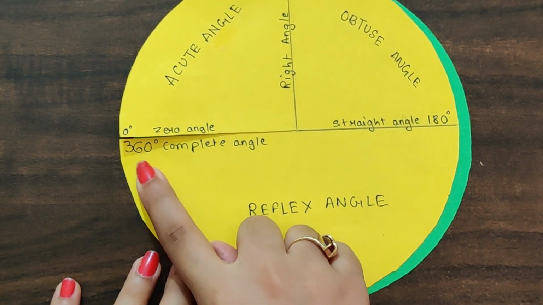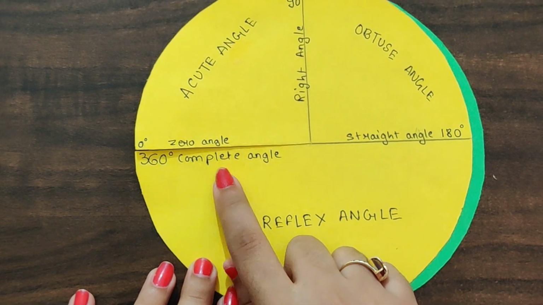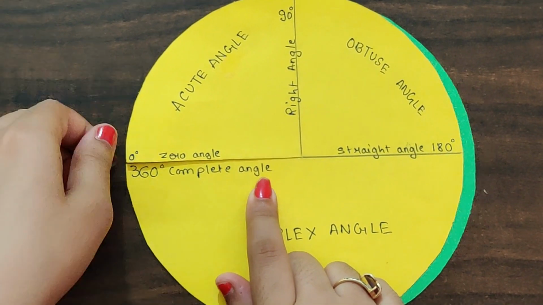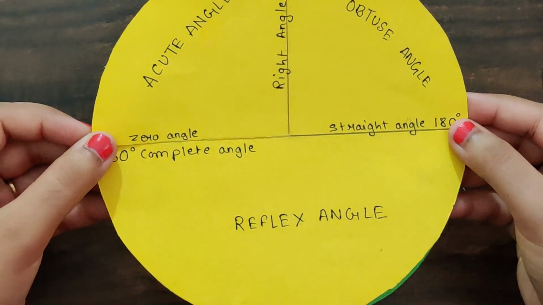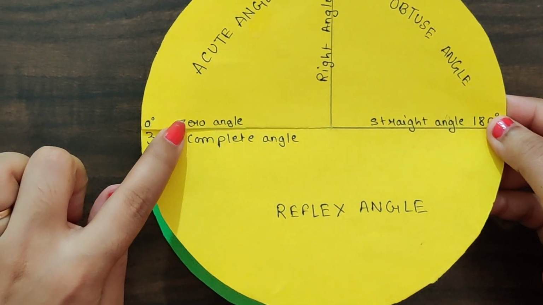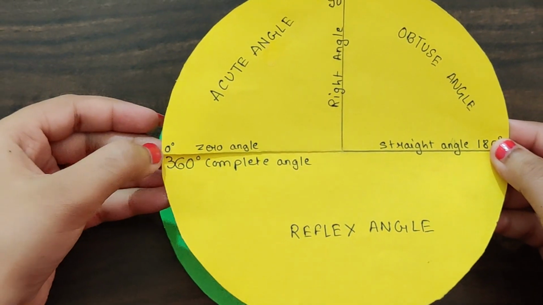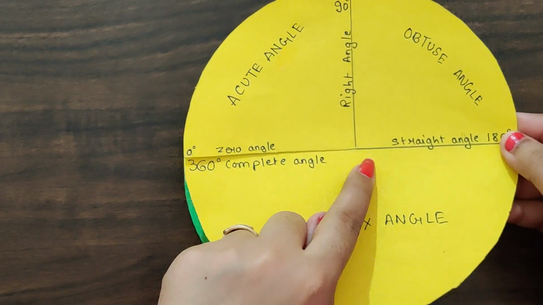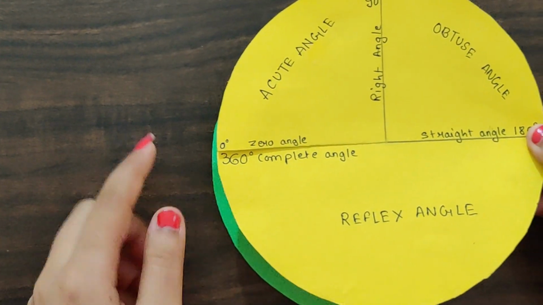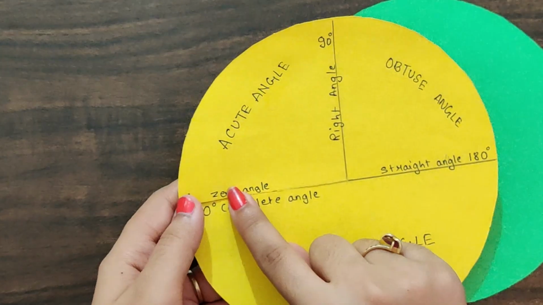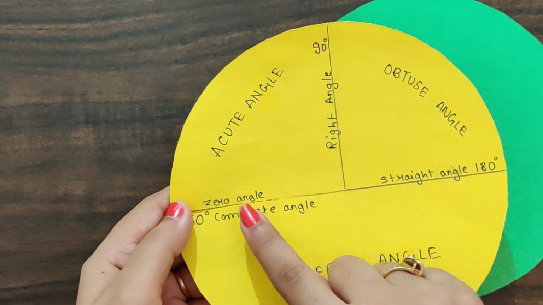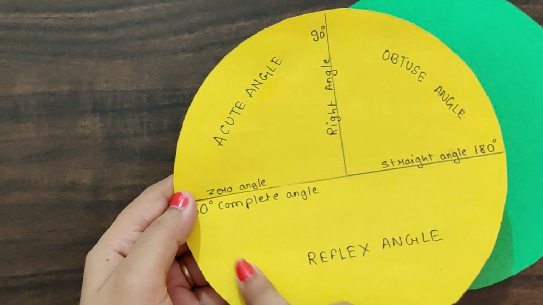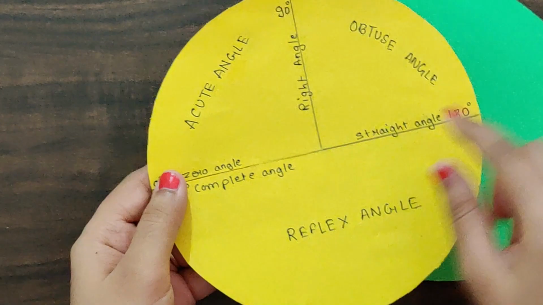And what is our 360 degree angle called? Complete angle. Remember? One good point to note down over here is zero angle and complete angle lie at the same point. They have the same value. The only difference is zero angle has no degree at all, and complete angle has full circle value, that is 360 degree.